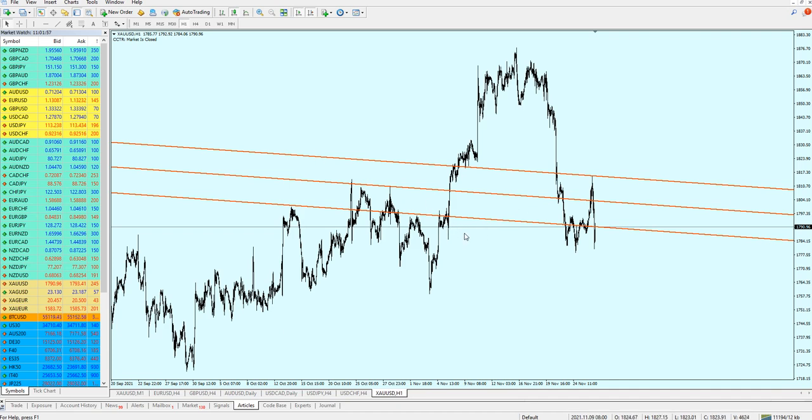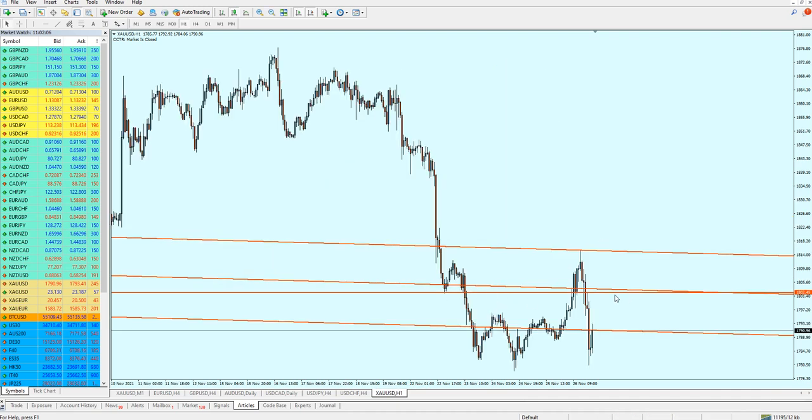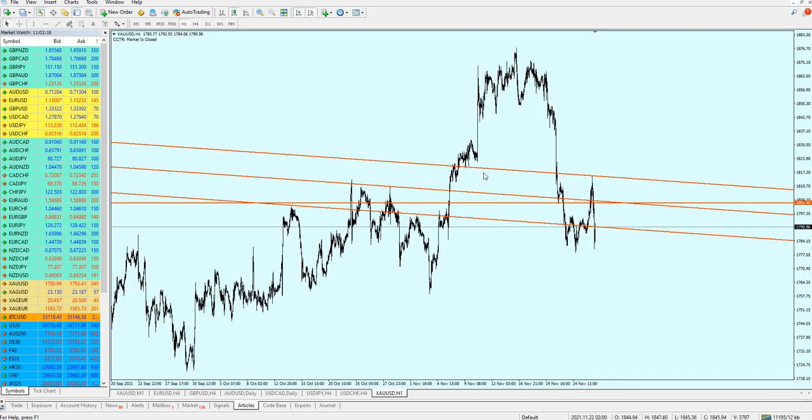Just make sure it's also going to be right here, the new resistance, because we had the previous support level here. Then the pair will rise for about 120 pips before we can sell it.